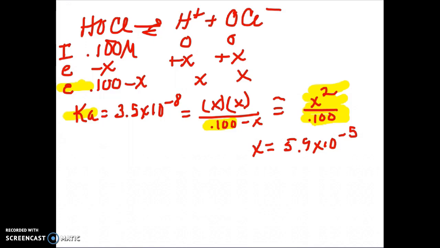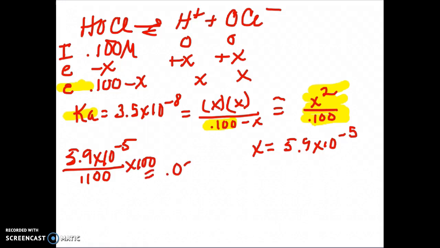So x in this case turns out to be 5.9 times 10 to the negative 5. And just to prove that it is okay, we can see if our approximation is valid by taking 5.9 times 10 to the negative 5, dividing it by the initial concentration, which was 0.10, and then multiplying times 100.